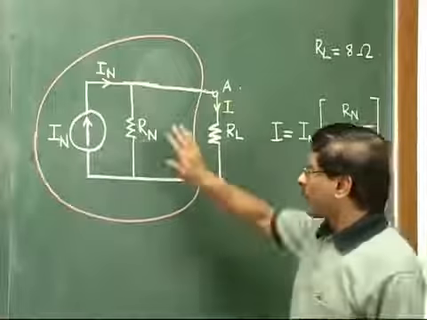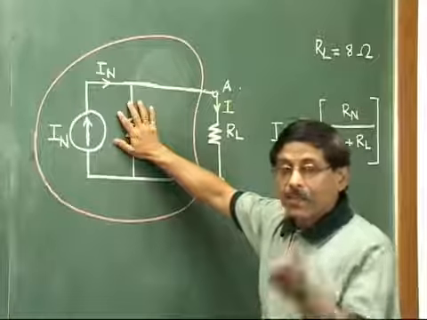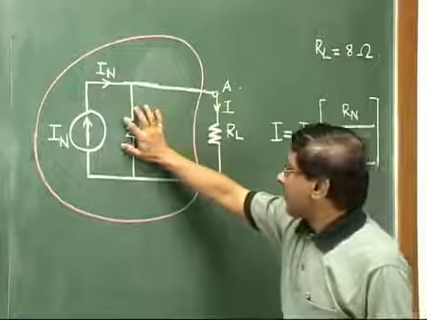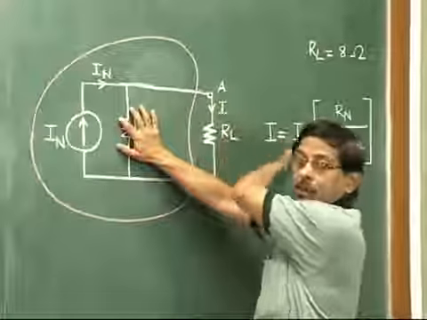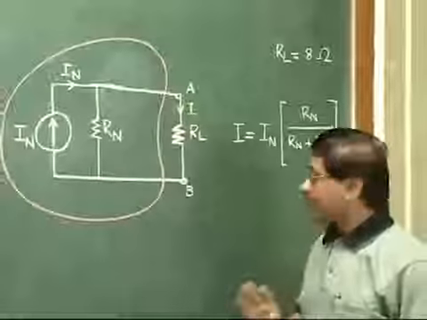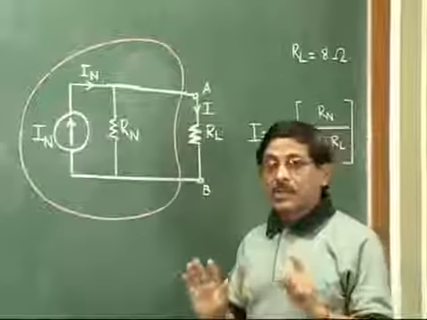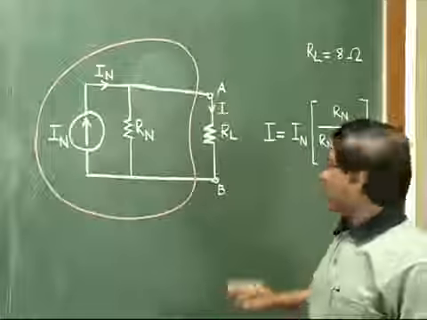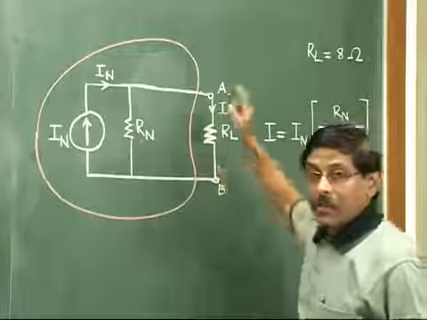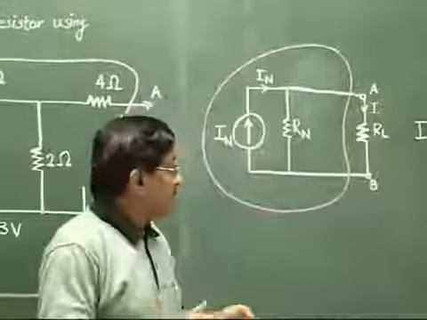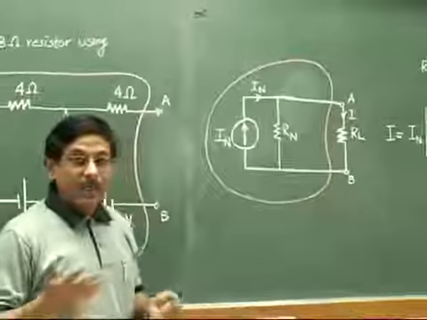If suppose we want to calculate current in this RN, then we have to do one change, that IN will be same like this, but now you take this RL in the numerator and then the sum of the 2 in the denominator. But here in the theorem we are just concerned with the current flowing through our load resistor. So this will be the formula that we will use finally. Okay, so this will be the normal idea, central idea of the Norton's theorem.